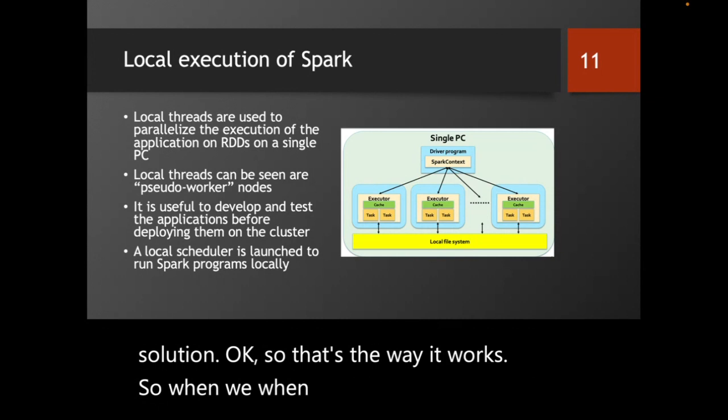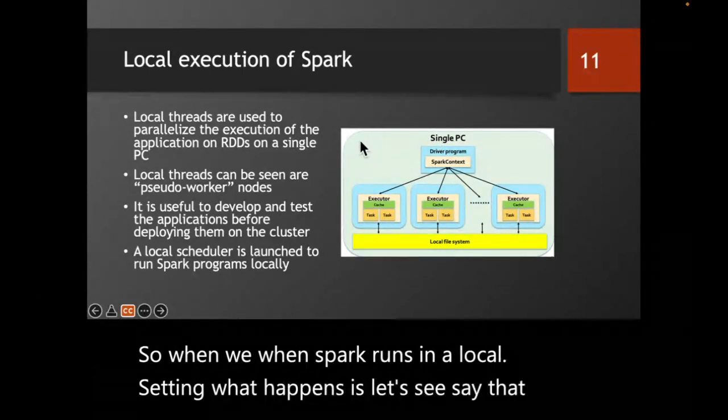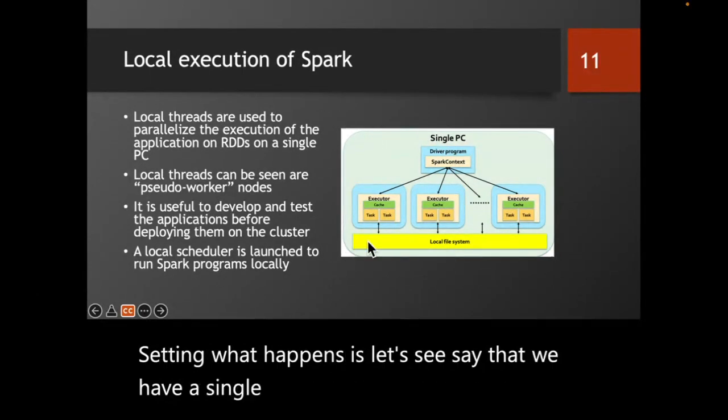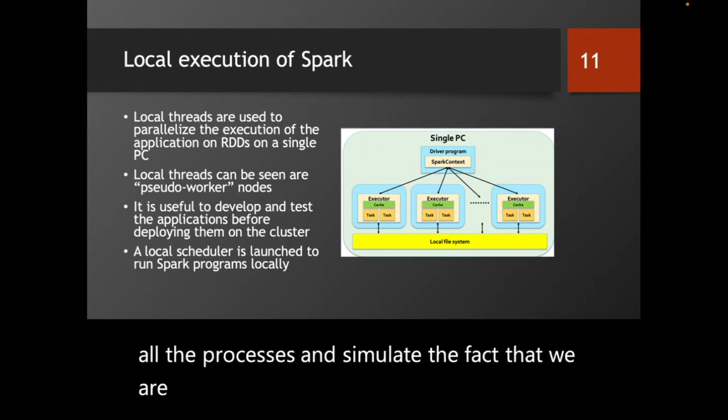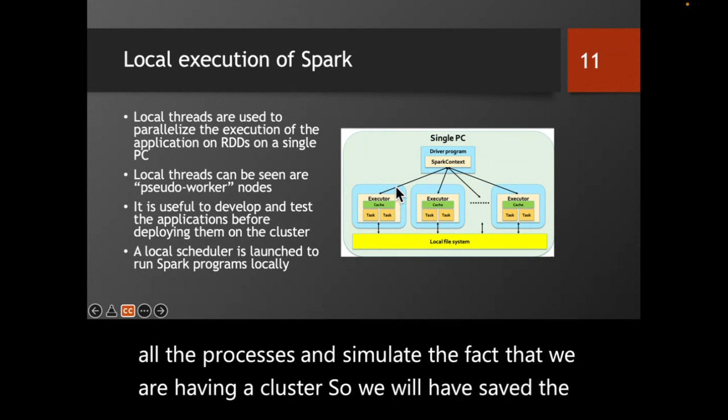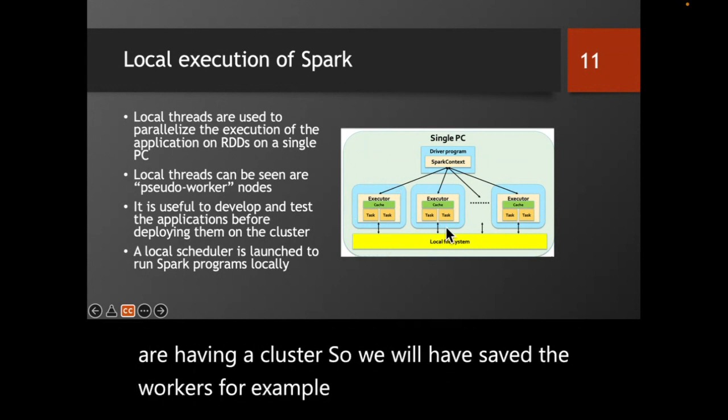When Spark runs in a local setting, let's say that we have a single PC. The whole PC will have to support all the processes and simulate the fact that we are having a cluster. So we will have pseudo workers, for example threads that will represent our workers.